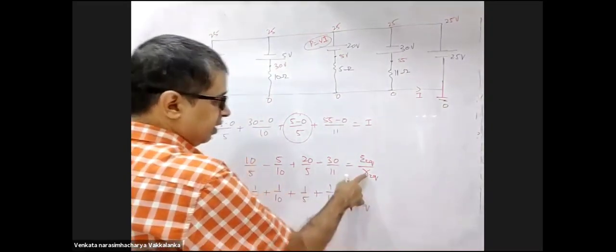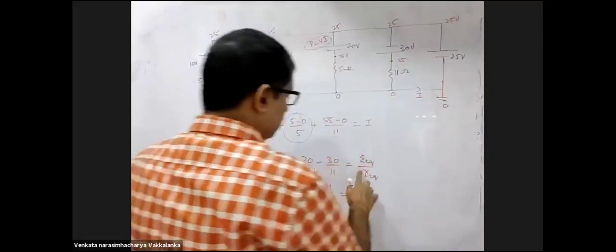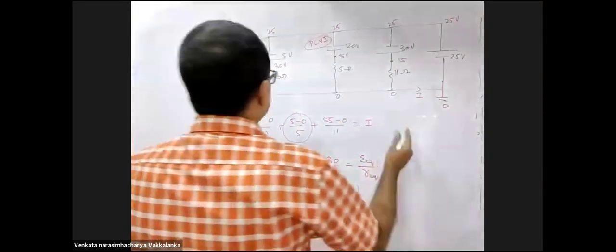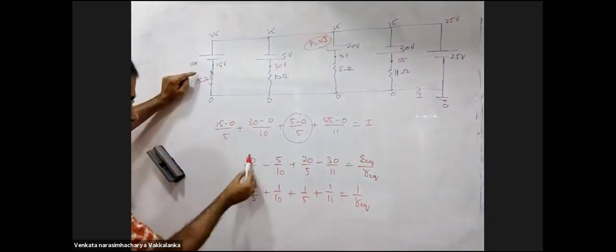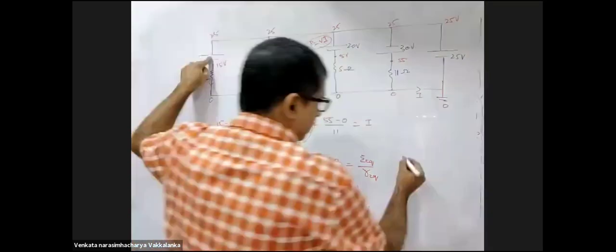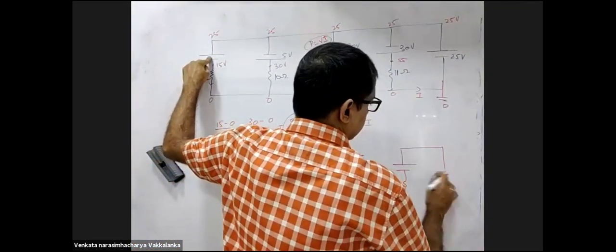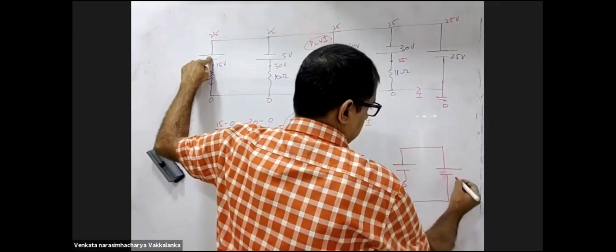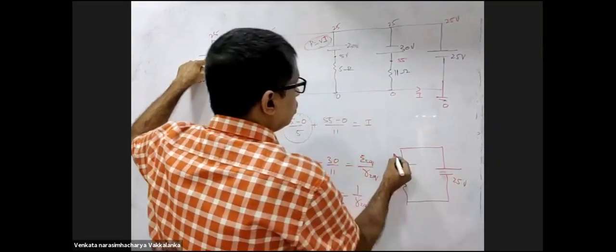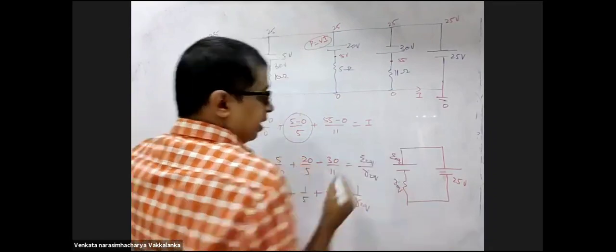Substitute R equivalent here, you will get E equivalent. You can replace the whole of this with it. If you get the final result positive, then since you took positive, this will be the polarity. E equivalent by R equivalent. This is the 25 volts. This will be E equivalent. This will be R equivalent.